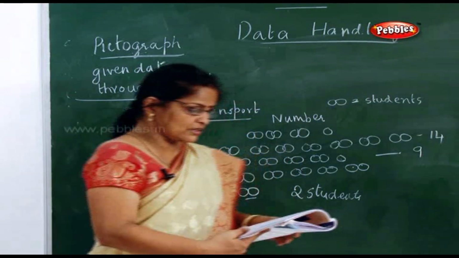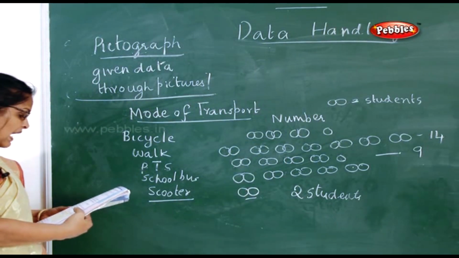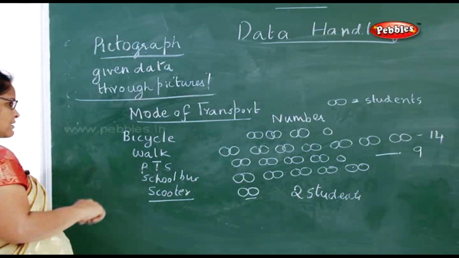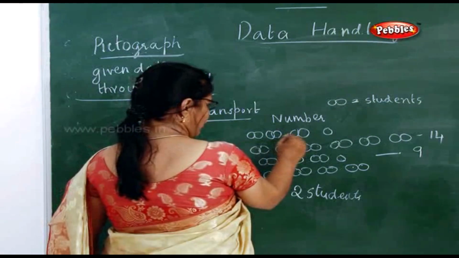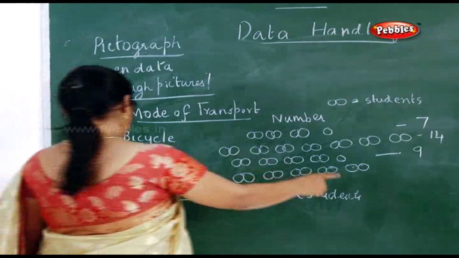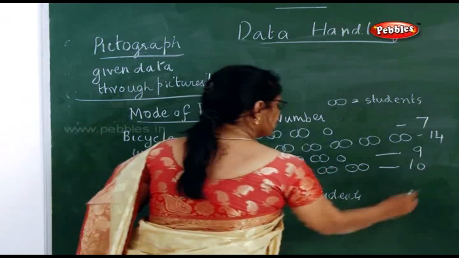Now the fourth question is, the number of students who come by dash is half the number of cycle. Before you do the fourth question, you find out 2, 4, 6, 7. Now, what is public transport? 9. Now, school bus? 4, 6, 8, 10. Now, this is 2.